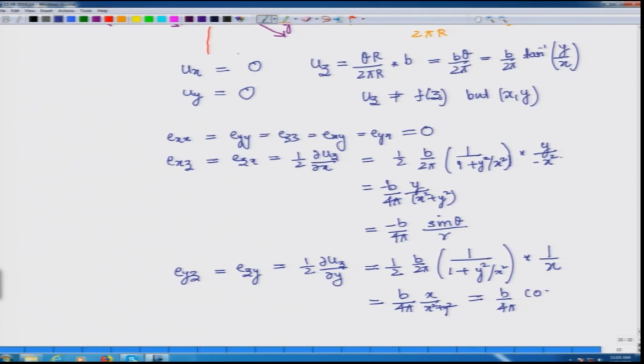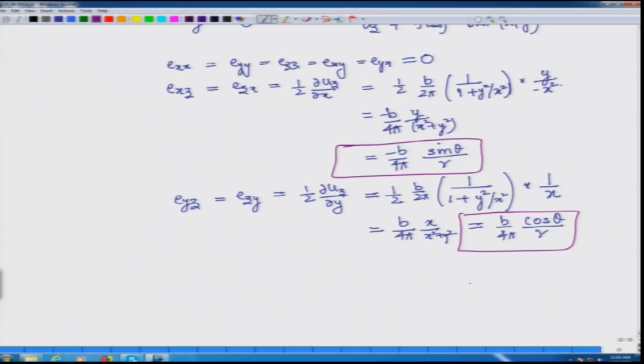So, there is a kind of symmetry between the two strain values that we have obtained. So, these are the xz and the yz relations.